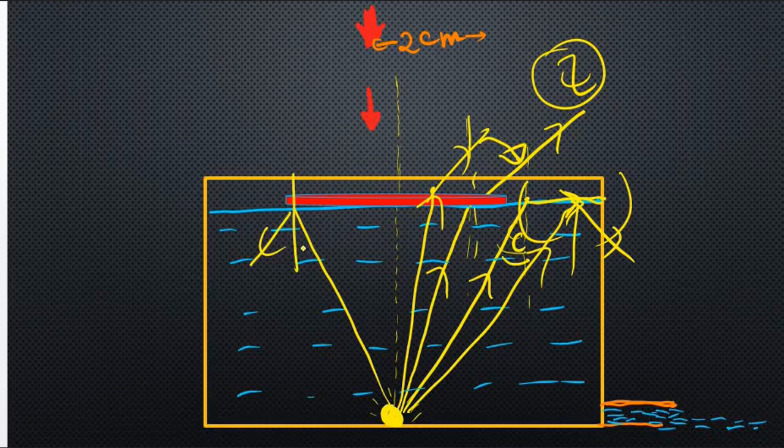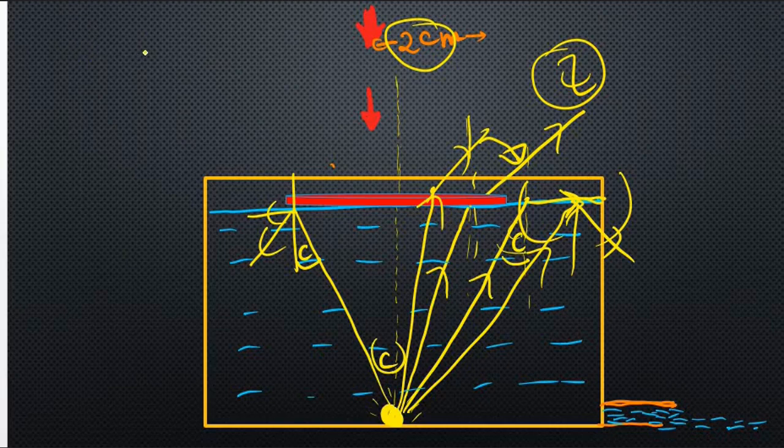Let's assume C is the critical angle, and the length that can be covered by the disc is 2 cm, its radius. So this length is 2 cm, and we are going to find this height. If you can find the C value, there's a chance we can find this height.